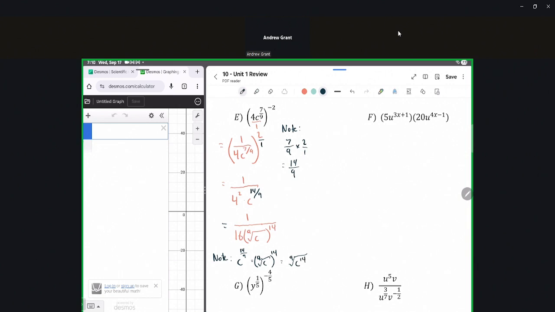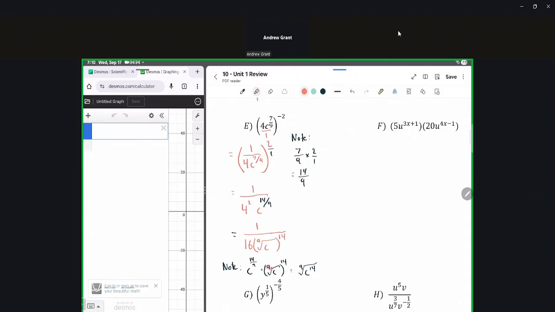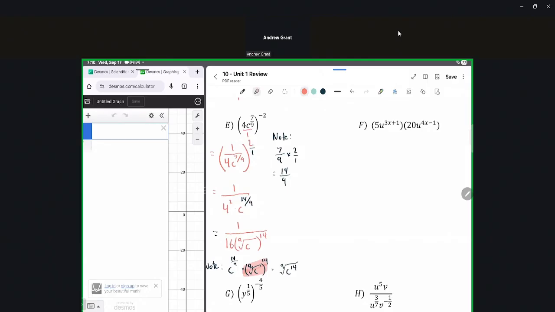So either you can apply the index first, where, what number times itself 9 times produces c, and then all of that is to the power of 14, or you can take c to the power of 14 and then do 1 over 9. Do remember from our studies that typically, if we're going to have to be using this middle form, the 9th root of c tends to be more helpful. Okay. At any rate, let's continue on.